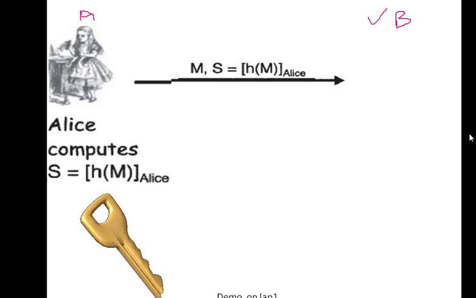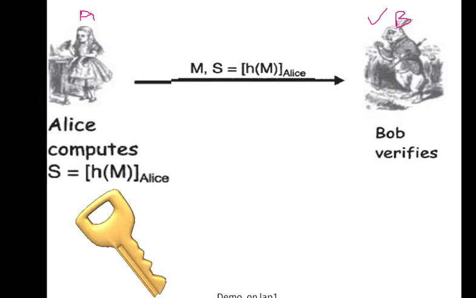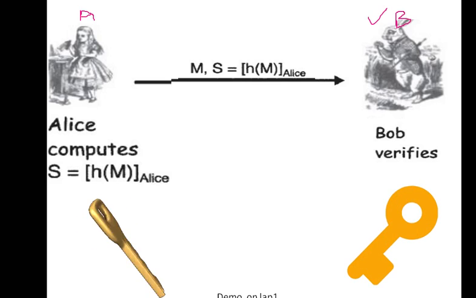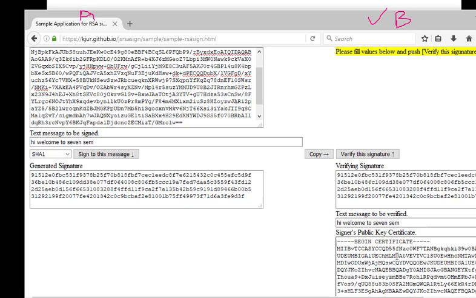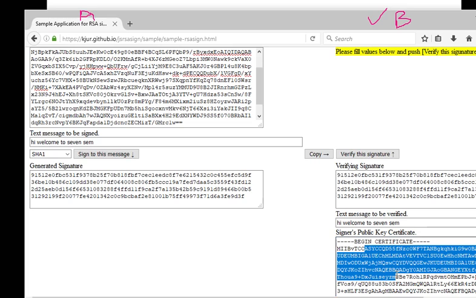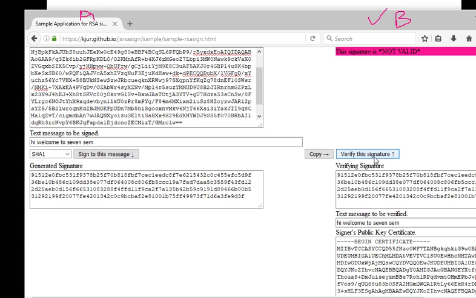Now what will Bob do? Bob verifies her signature with the help of the signer's public key and the hash value. Hash value is this. He is going to verify. How to verify? Here.